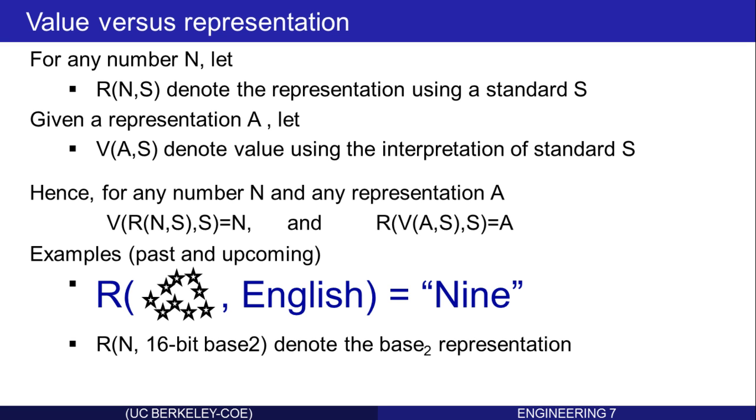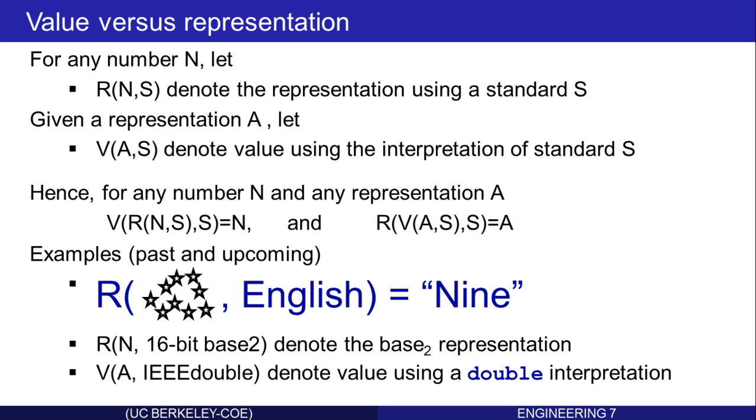Two that we'll use upcoming are base 2 arithmetic with a certain number of bits. Here we can take a number and convert it to its base 2 representation. We'll also talk about the IEEE double standard. In this line, we're converting a representation A using the IEEE double interpretation to a numerical value.